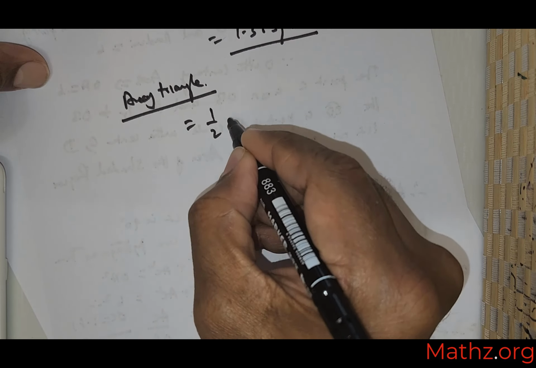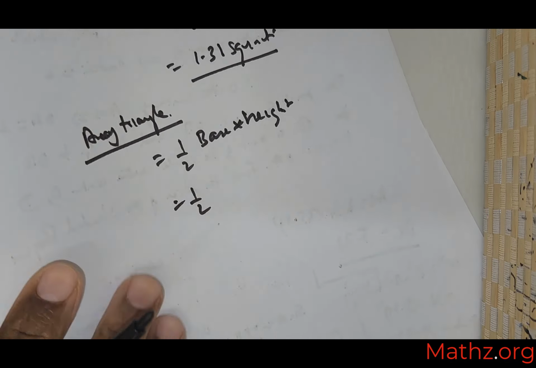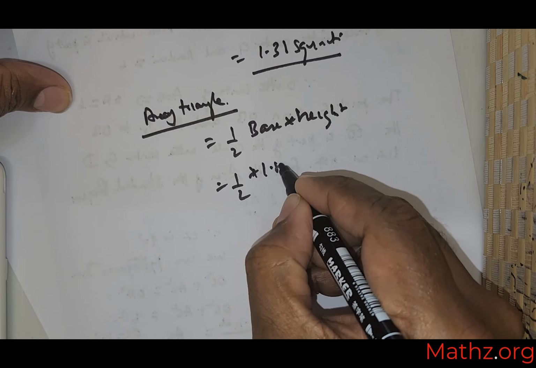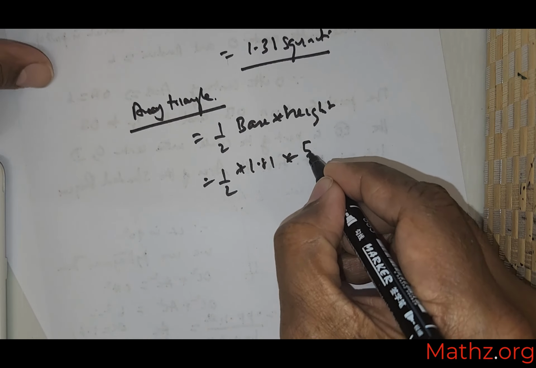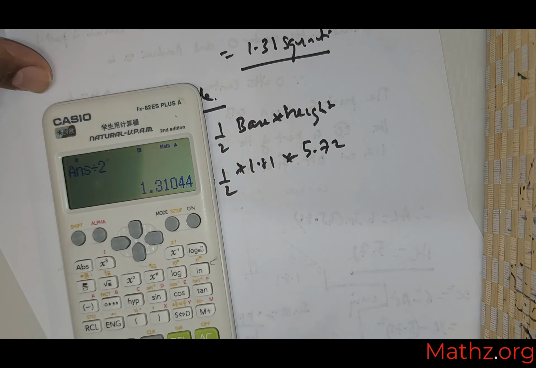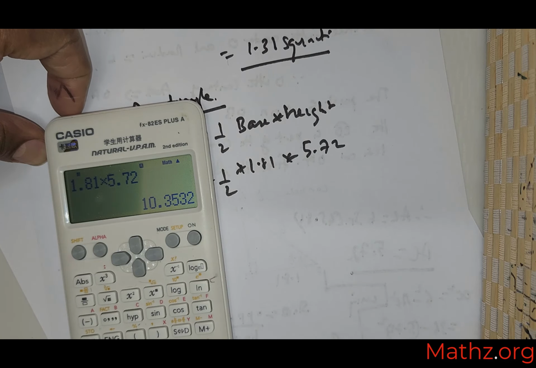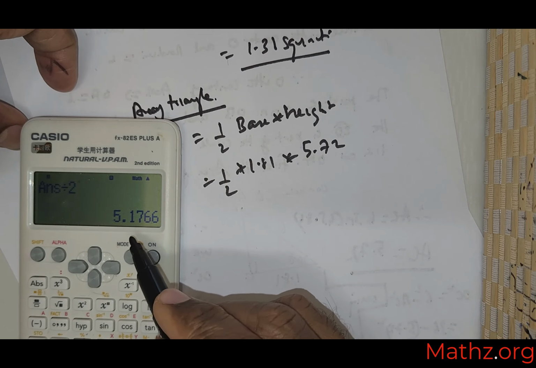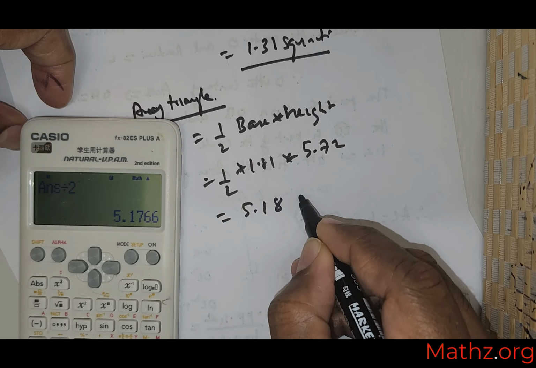So area of triangle is half times base 1.81 times height 5.72. So 1.81 times 5.72, divided by 2, and we get 5.177. I'm going to take it as 5.18 square units.